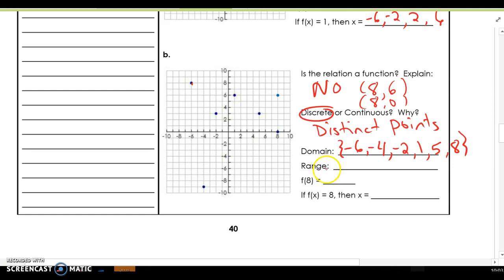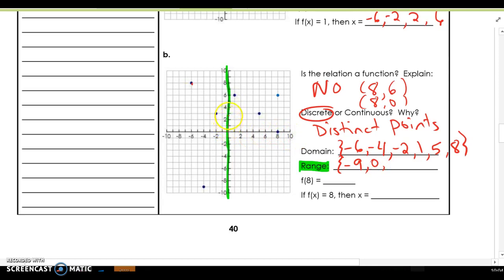The range, we were going to go from least to greatest. The range is the y-axis, so whenever you're looking at the range, you're looking at what is the associated y value. Let's go from least to greatest, so the lowest point has a y value of -9. There's no other points until we get to a y value of 0.